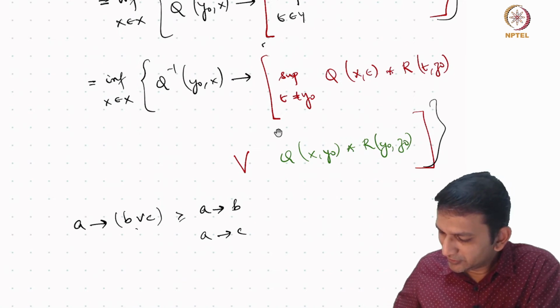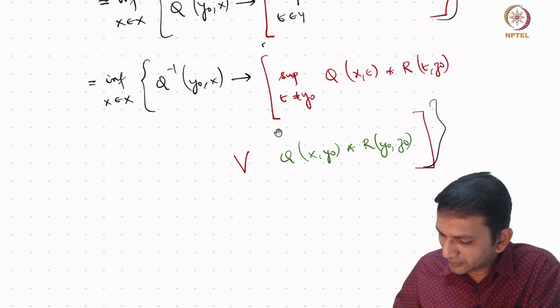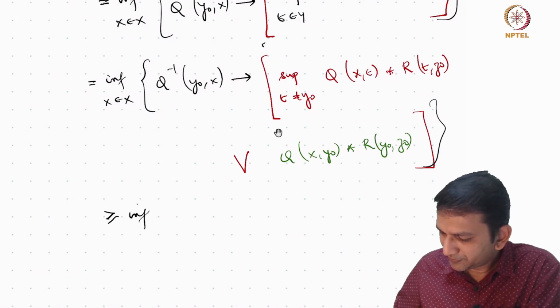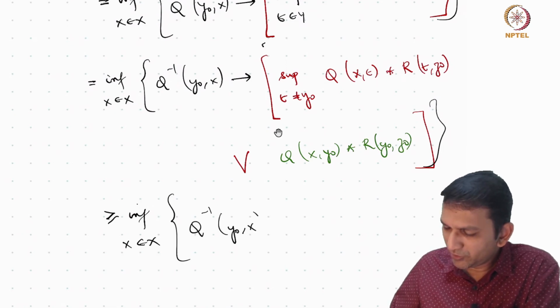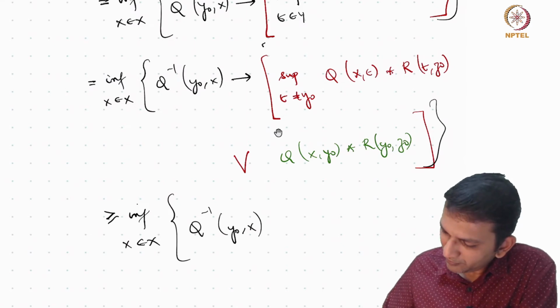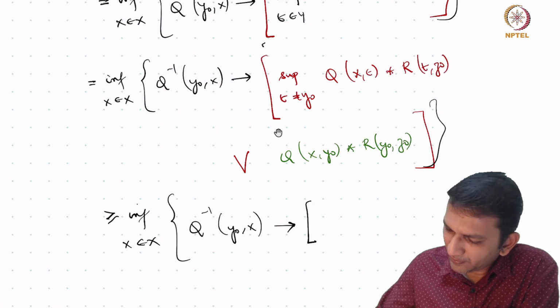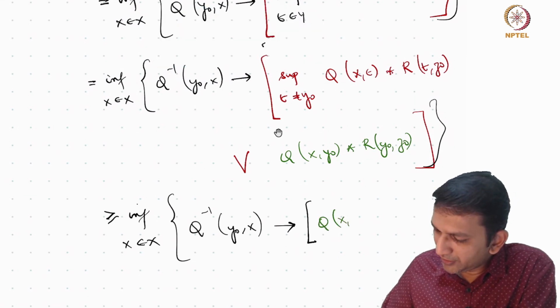So using this, we can say this is greater than or equal to the infimum over x element of X of Q inverse of (y0, x) implies the quantity in green.